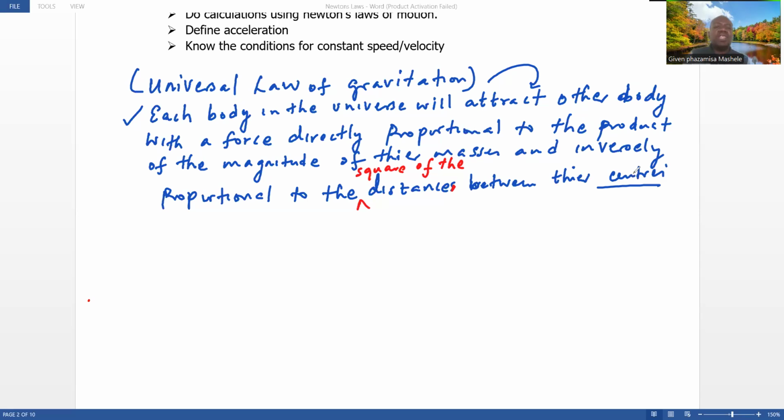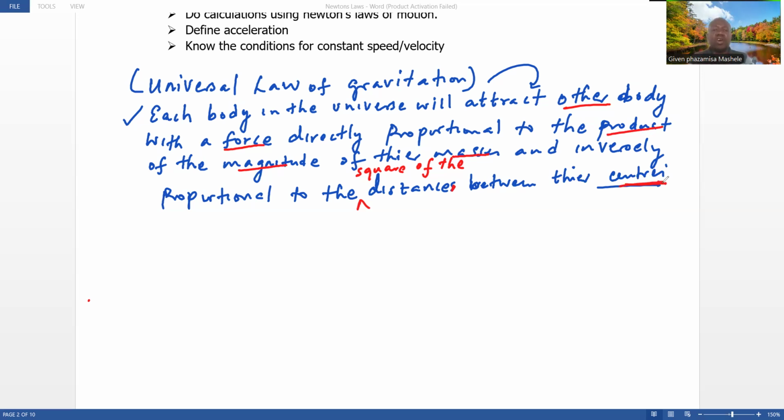So each body in the universe will attract other bodies with a force directly proportional to the product of the magnitude of their masses and inversely proportional to the square of the distance between their centers.